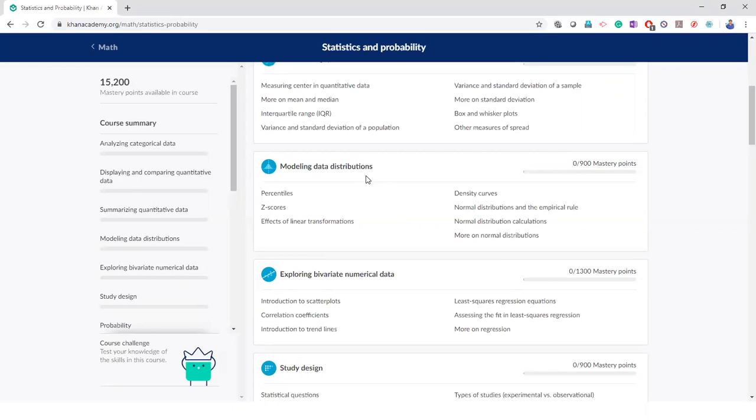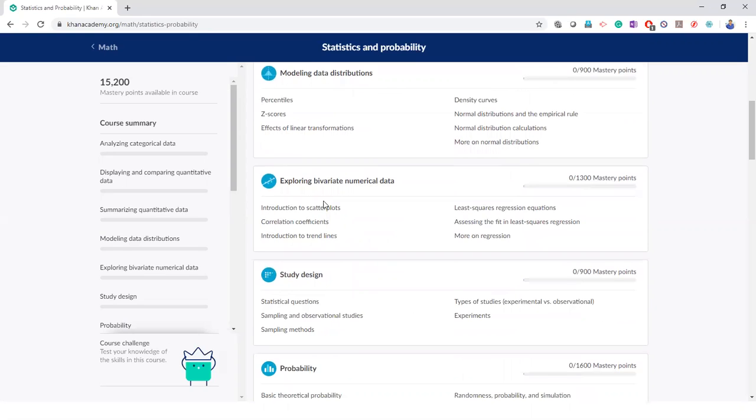So modeling data distribution, we're talking about how the data is distributed across the different values it can have. And believe me, this is a very important topic which you should master, and it will be useful throughout the machine learning sections. Exploring bivariate numeric data.